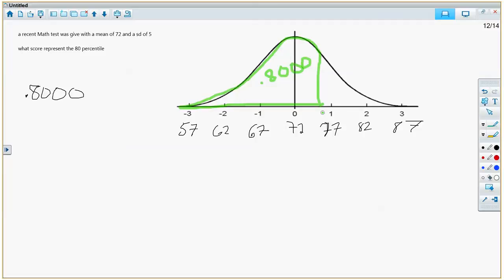So you got to find a what? A z-score, but z-score is not going to help because they want to know what score represents the 80th percentile. So after you get your z-score, you got to turn it into a test score. And when you have to turn it into a test score, you're going to use zσ plus μ.